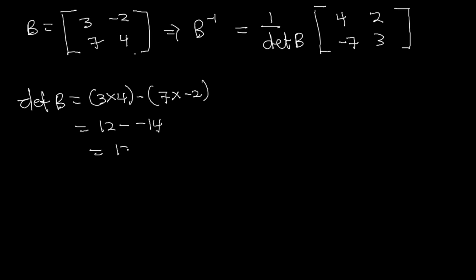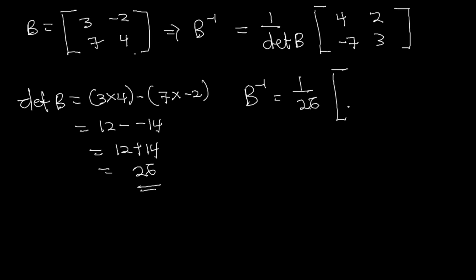So this becomes 12 plus 14, which is 26. So the determinant of B is 26, which means our B inverse is equal to 1 over 26 multiplied by the matrix 4, 2, -7, and 3.